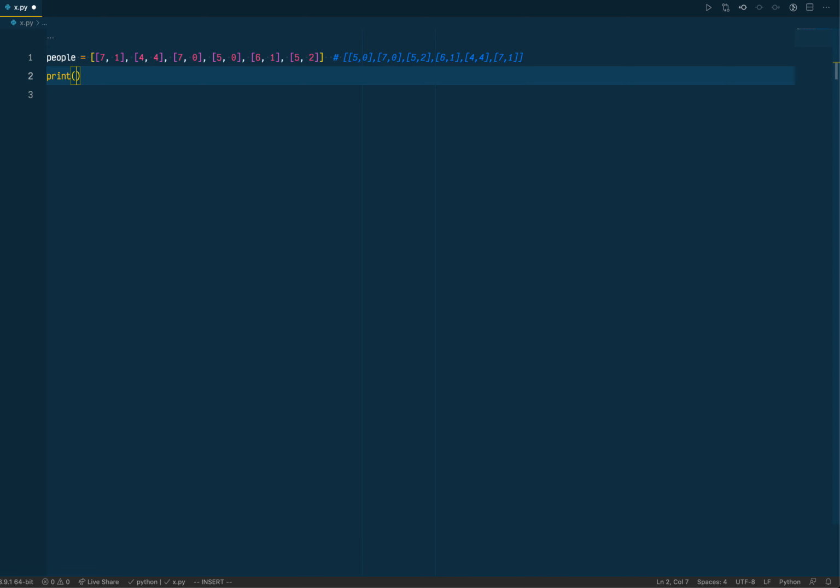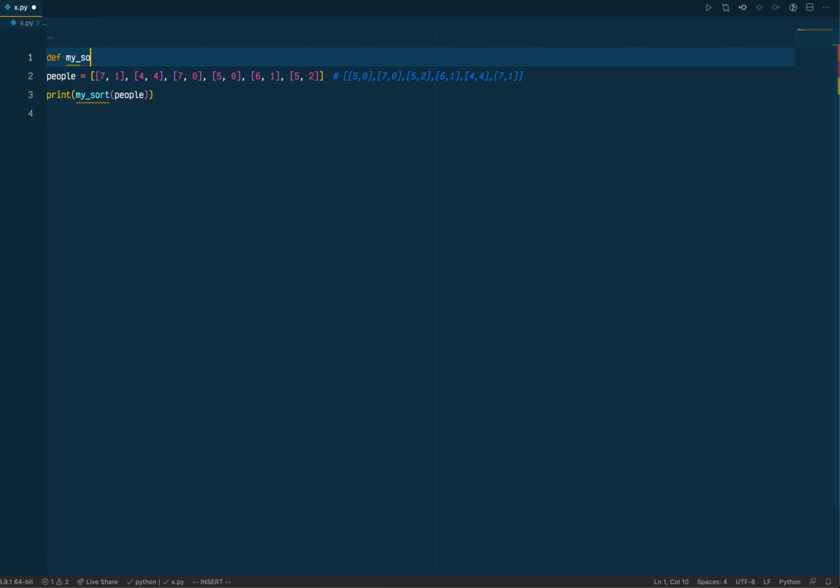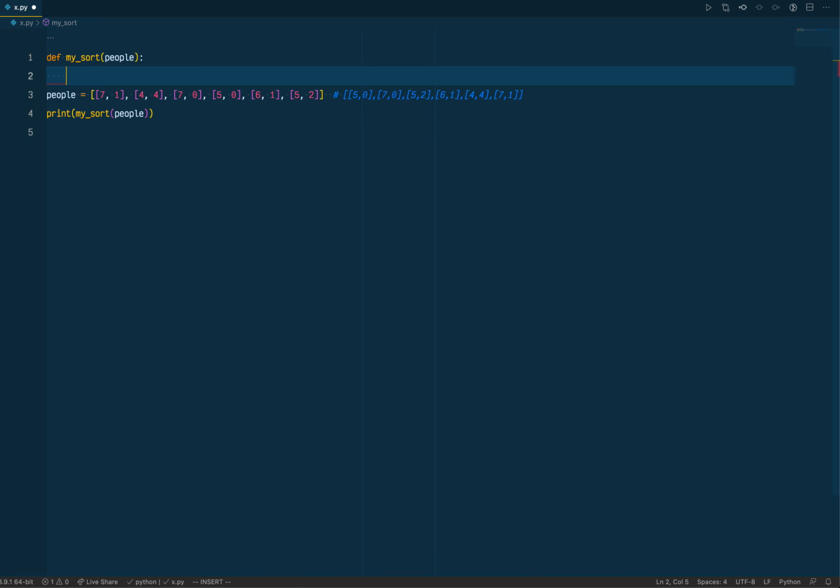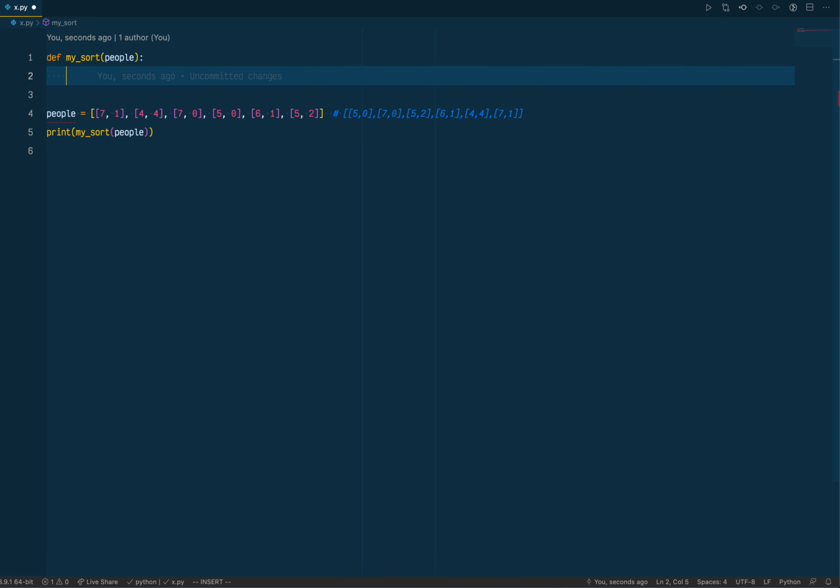Let's just call it my sort. The first thing we need to do is sort people by height and by index, so by the first value and by the second value.